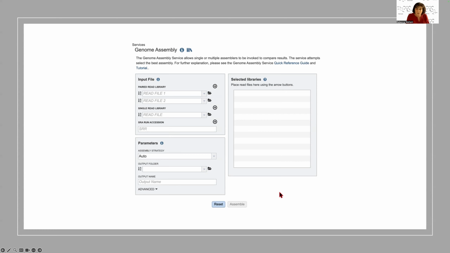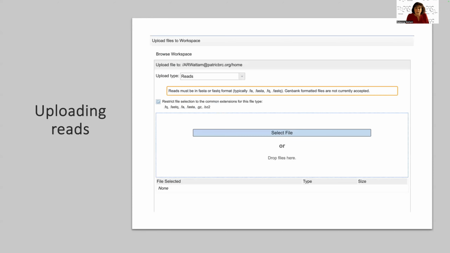So one thing I want you to be aware of, because I find that a lot of people don't know about what kinds of things you use to generate an assembly: the files have to be tagged as reads. And we put in here that reads must be in FASTA or FASTQ format, typically ending in .fa, .fasta, .fq, or .fastq.